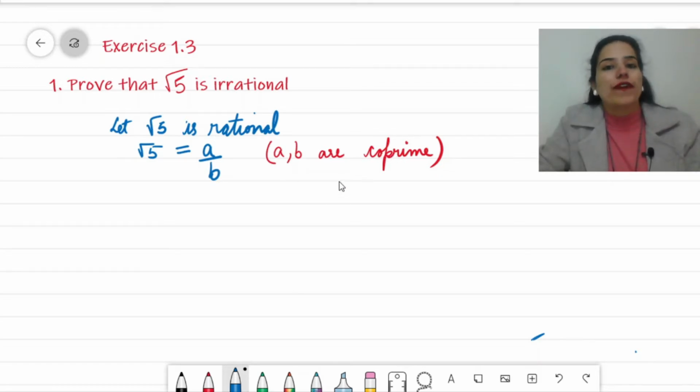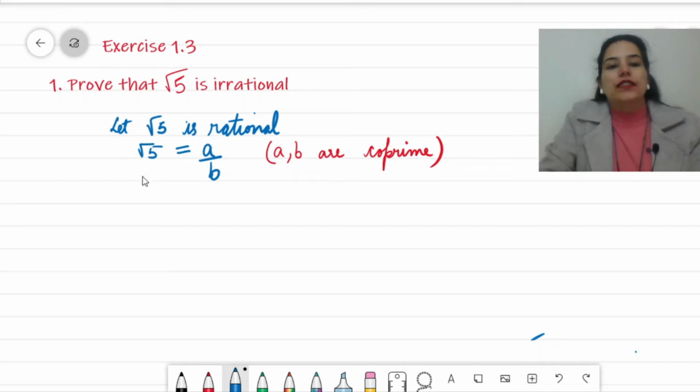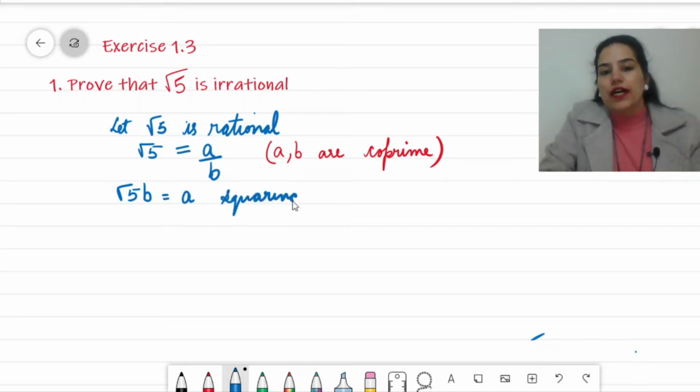That means there is no common factor between a and b. Now let's cross multiply. I will get root 5 into b is equal to a. Now to get rid of the square root, I will square both sides, and I will get 5b square is equal to a square.